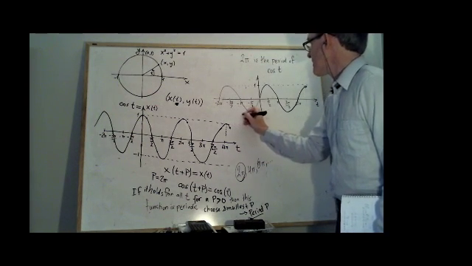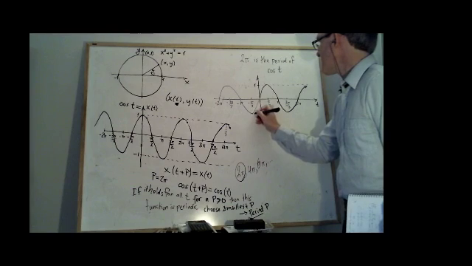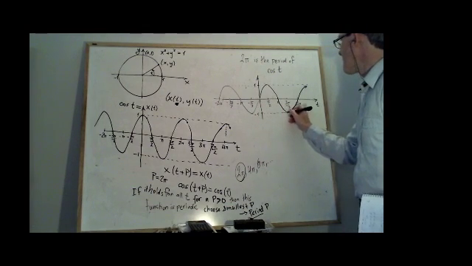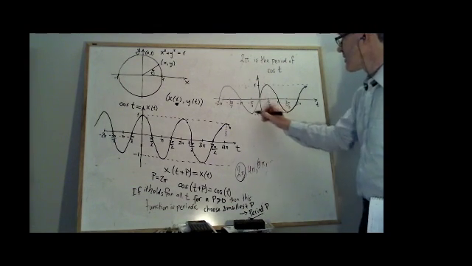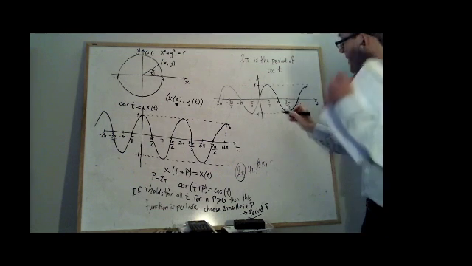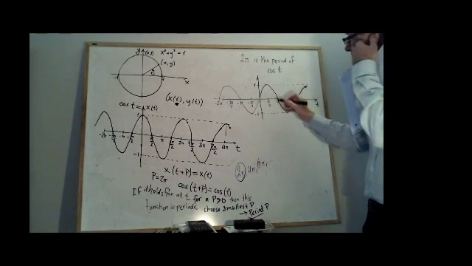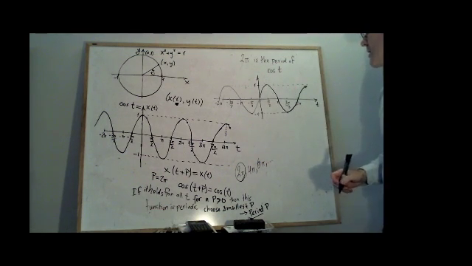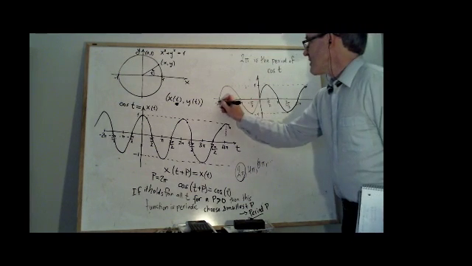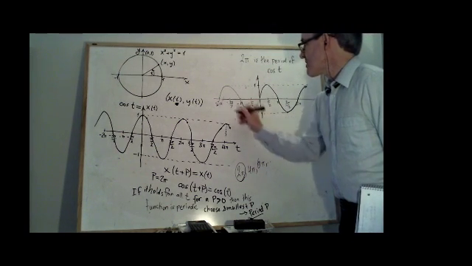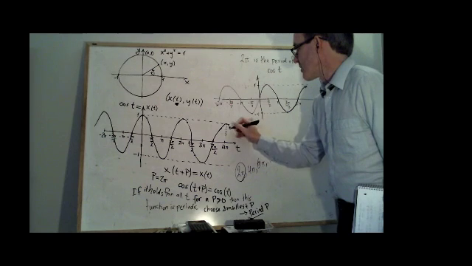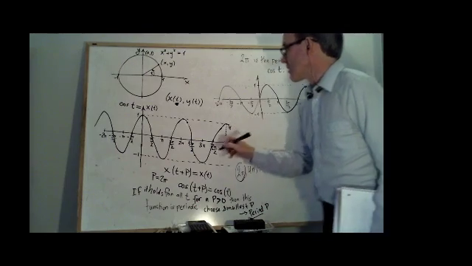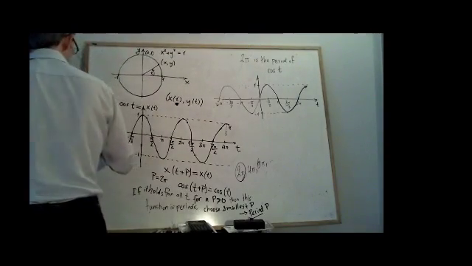So the peaks here, or valleys or troughs, the lowest points will be at minus 1, and the highest points will be at 1. And there should be arrows here indicating this goes on forever, here and here.